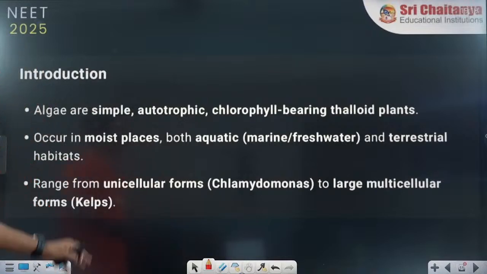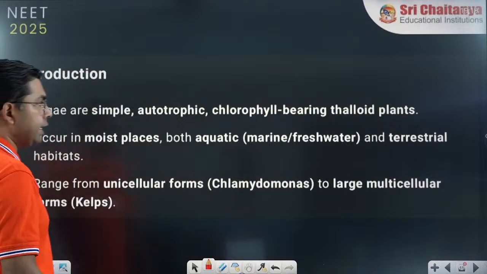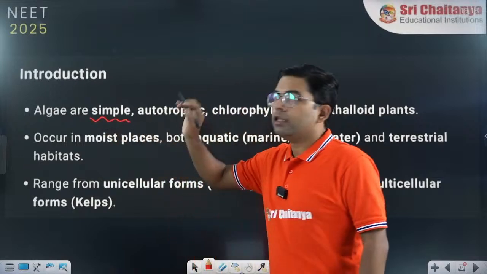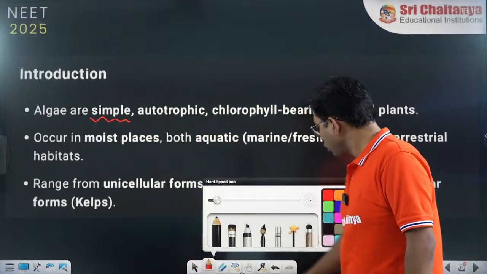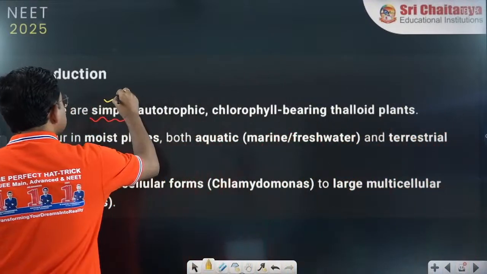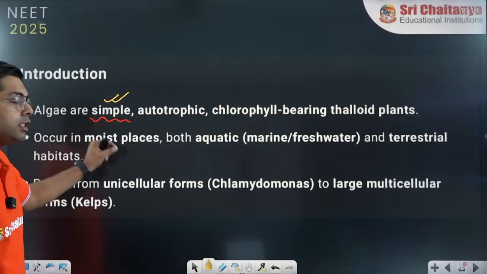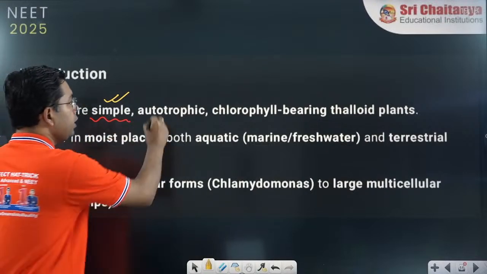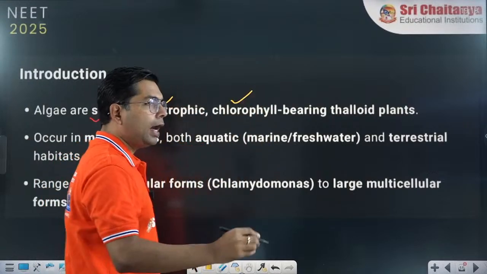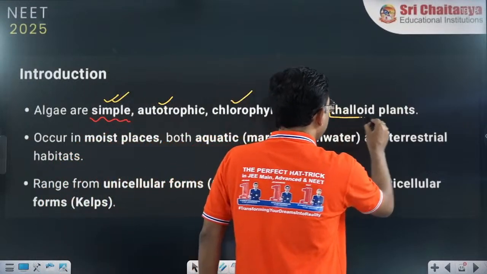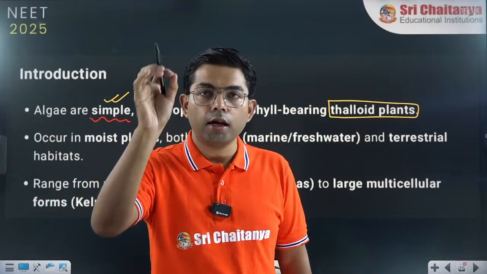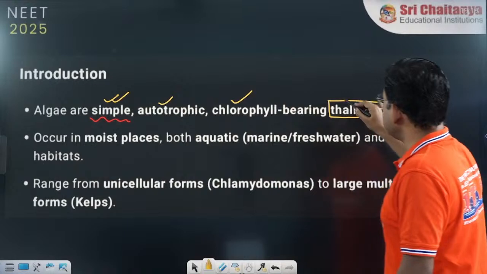If we talk about the general characteristics of algae, of all the 5 types, algae is the simplest. It will be autotrophic. It will have chlorophyll and it has a thalloid plant body. Now, a new term you are learning, that is thalloid.